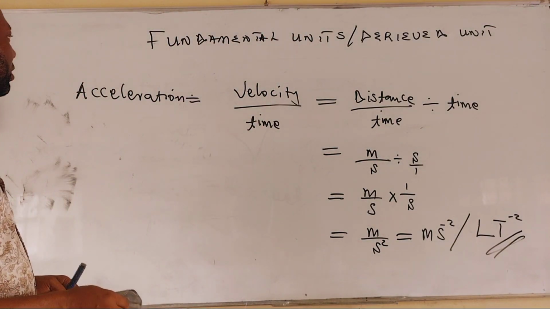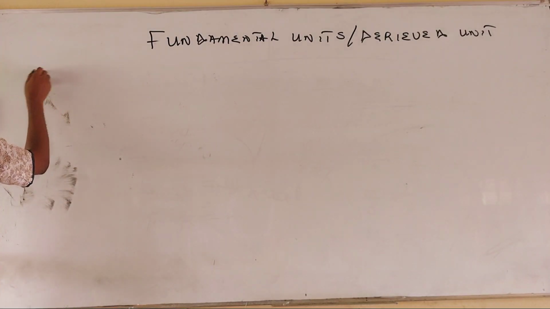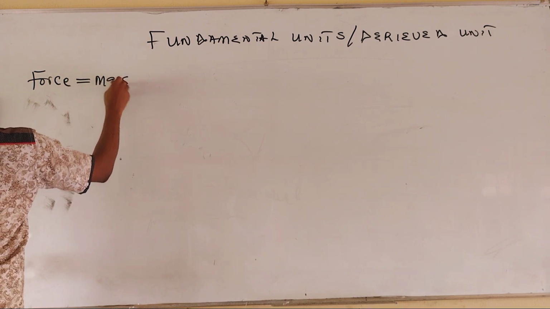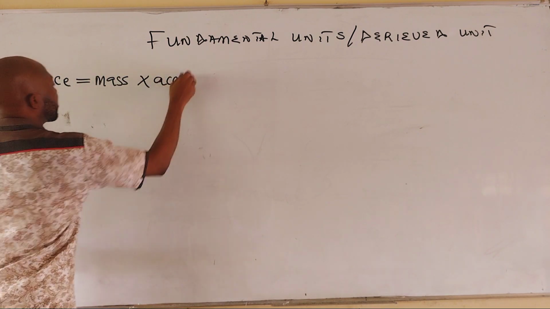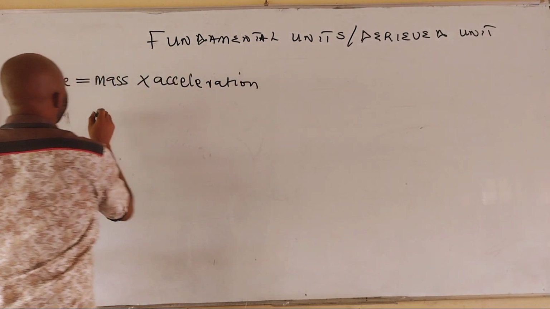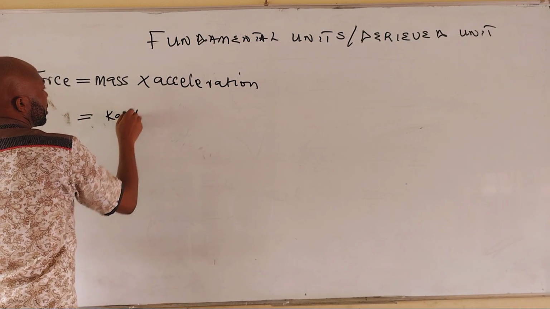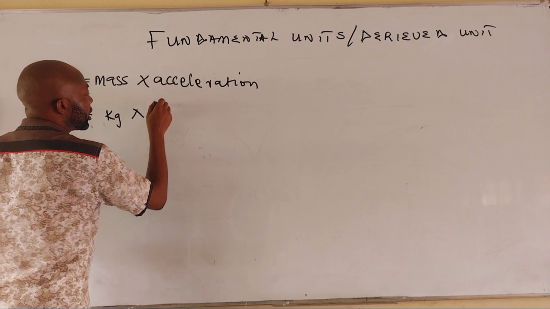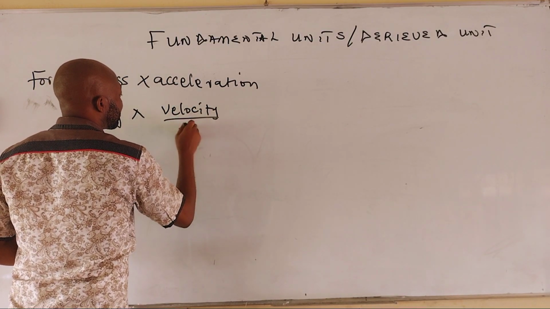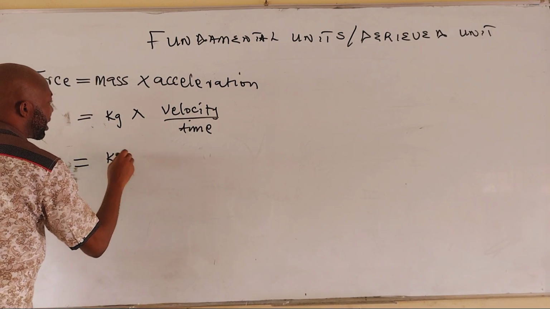Let's take another question. Let's take force. Force is mass times acceleration. Now, mass is direct, let's call it in kg. Acceleration is change in velocity over time. I come over here, this is my kg for mass.